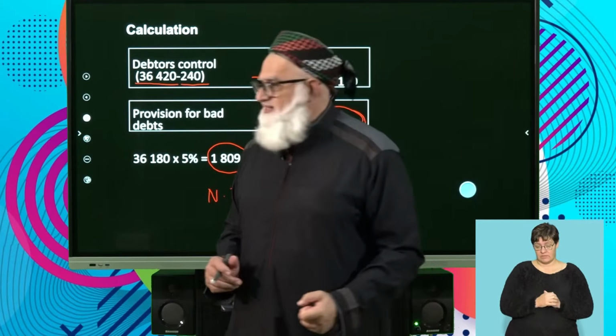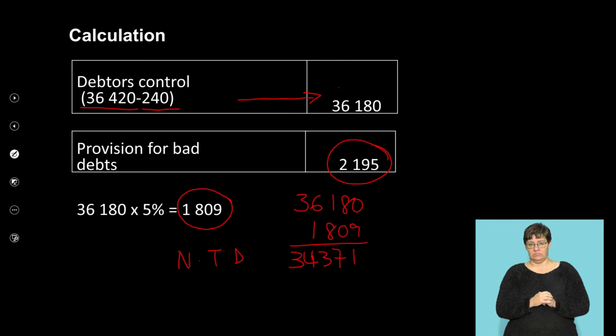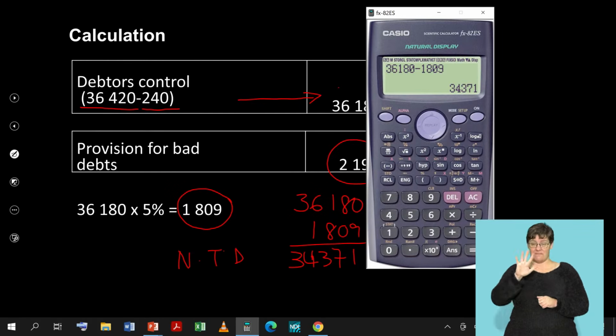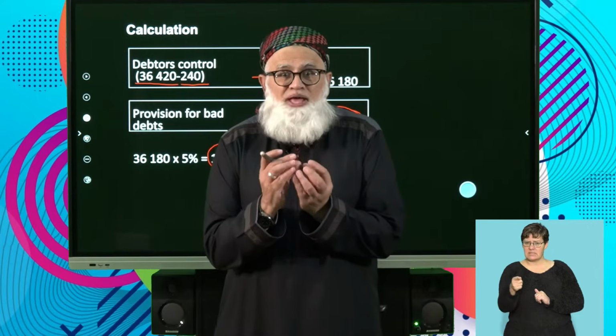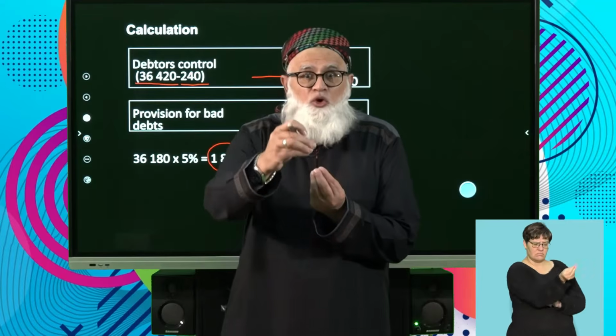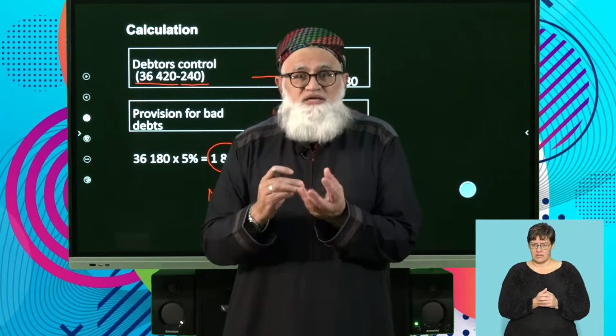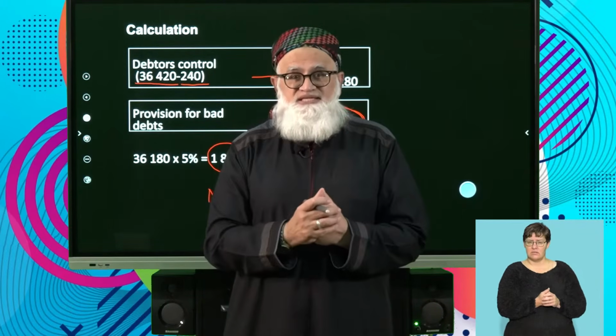While we're at it, let's just look at this part here. If my old provision was 2195, which it was, right? So we got 2195, and the new provision is minus 1809. That gave you a figure of 386. What will you do? Where will the 386 be recorded? Or, in other words, what do you do with the 386?